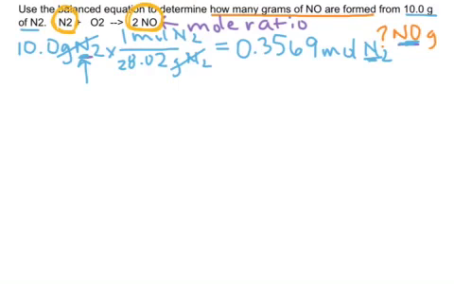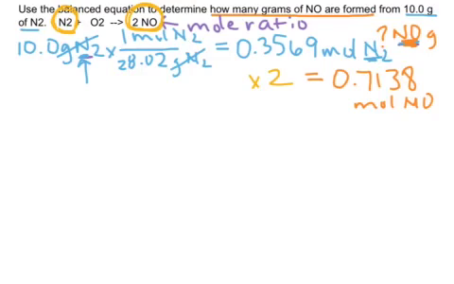That means that if I have 0.3569 moles of N2, from the balanced equation, if I double that, I will know the moles of NO. 0.7138 moles of NO.